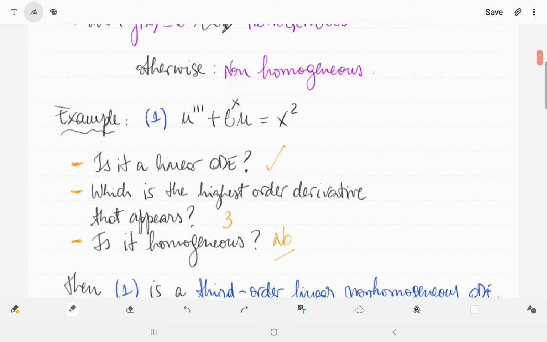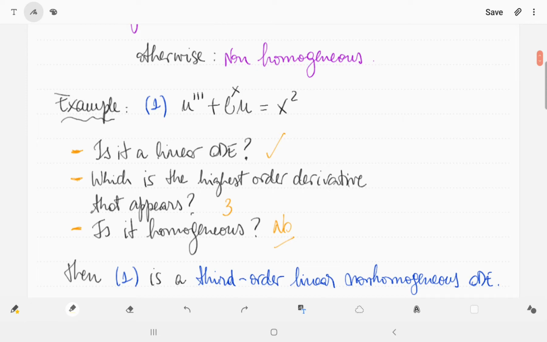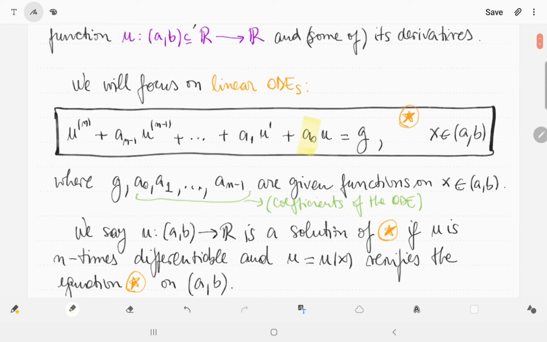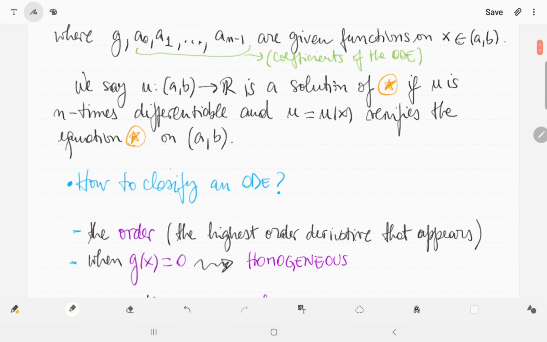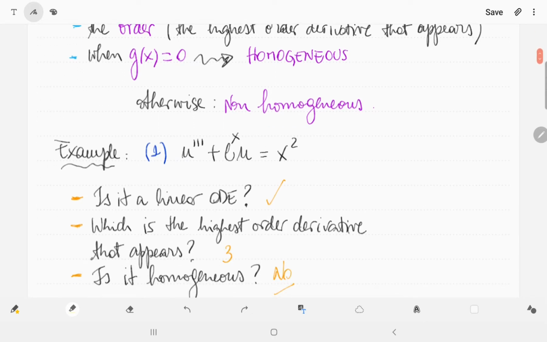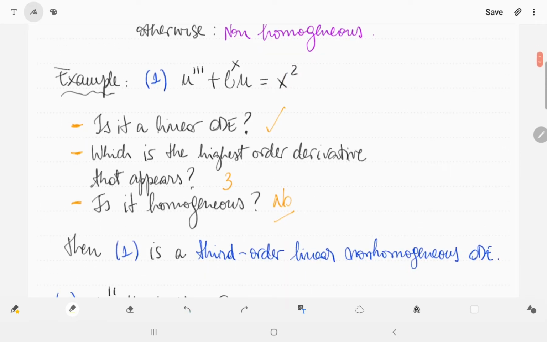Example. We have here a function u that we don't know. Here is u, and here is the third derivative of u. And this is our coefficient h0 that we can see here, next to u. And this is our function g, x squared. So this is a linear ODE.